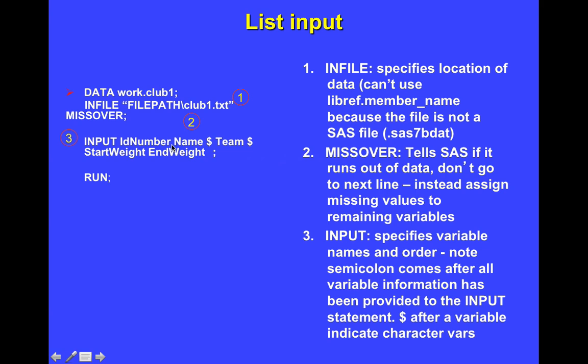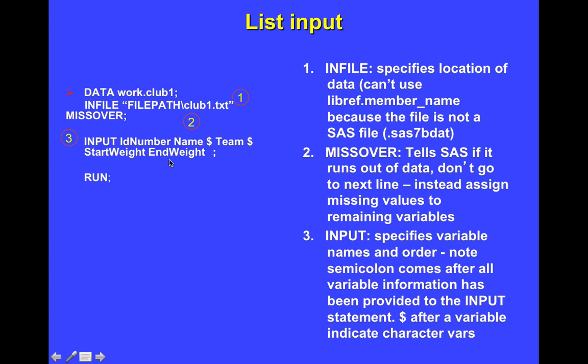And in this particular data set, if you actually open up Club 1 and look at how the data are structured, I can just tell you that the first piece of information in that data set is the ID number, and I'm just going to name it ID number. So this is the unique identifier for participants. Then next is a name for a participant, then a team name, then their start weights and their end weights. So I'm just defining those variable names right there.